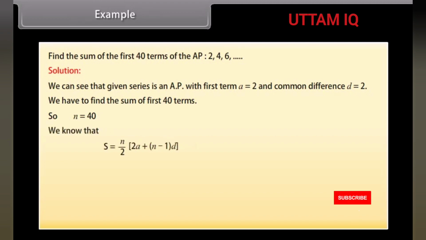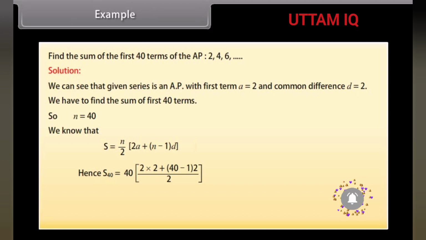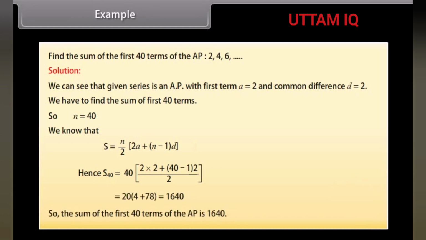We know that S is equal to n upon 2 into (2a plus (n minus 1) d). Hence, S_40 is equal to 40 upon 2 into (2 plus (40 minus 1) into 2), which is equal to 1640. So the sum of the first 40 terms of the AP is 1640.